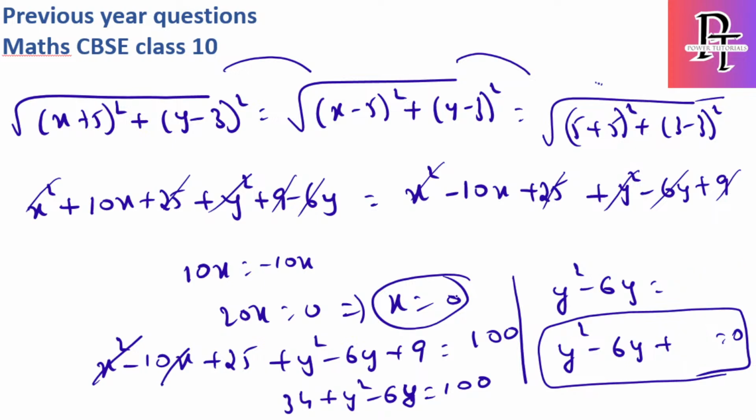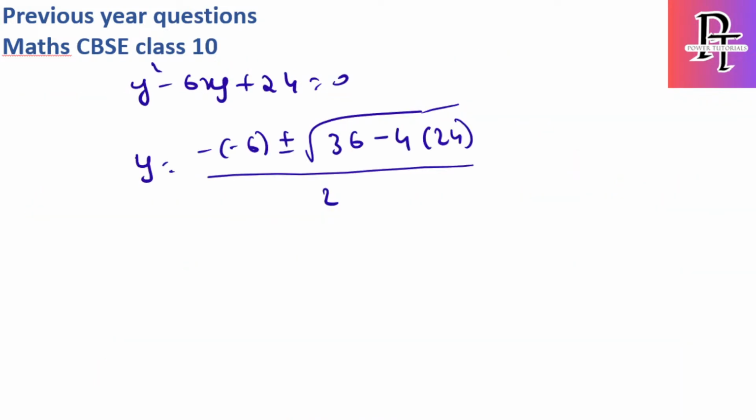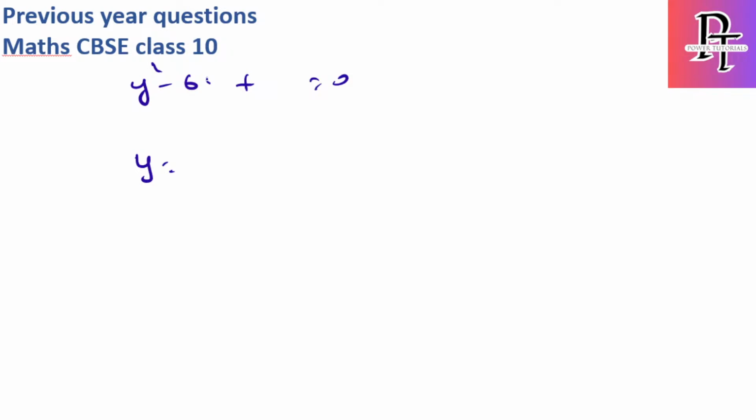Minus 34 is correct. That side is plus 66. If I move to the right side, it becomes minus 66. Y square minus 6y minus 66 is equal to 0.